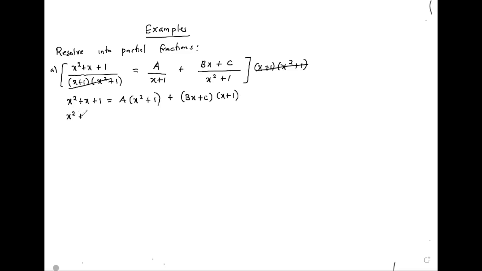So we have x squared plus x plus 1 is equal to ax squared plus a plus bx times x, we get bx squared, plus bx times 1, we get bx, plus c times x, we get cx, c times 1, we get c.